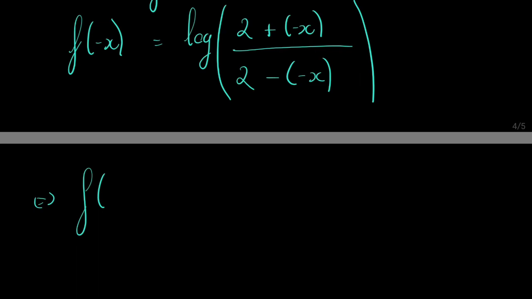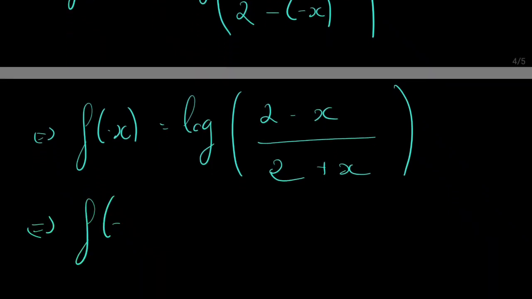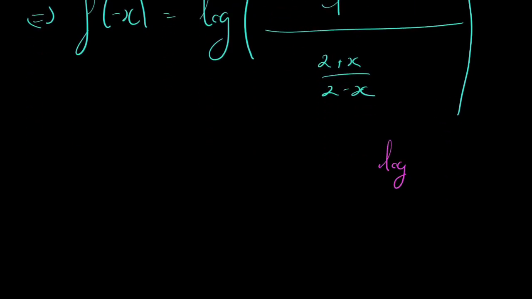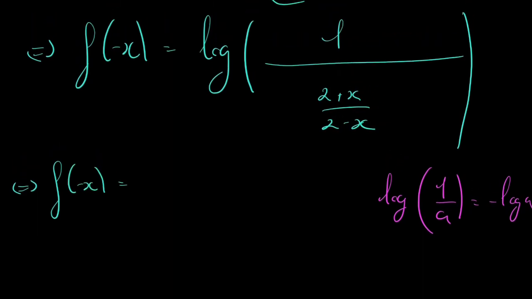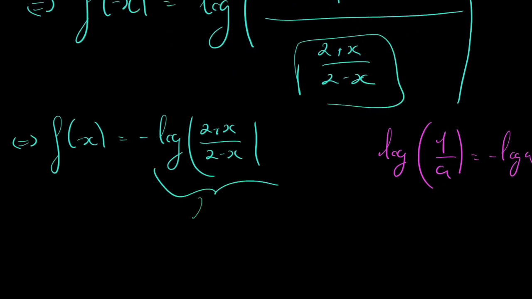This is equivalent to f of minus x being equal to log of (2 minus x) over (2 plus x), and this is equivalent to f of minus x being equal to log of 1 over ((2 plus x) over (2 minus x)), and we know that log of 1 over a is equal to minus log of a, so f of minus x is equal to minus log of (2 plus x) over (2 minus x), which is this thing here. And we recognize here f of x.